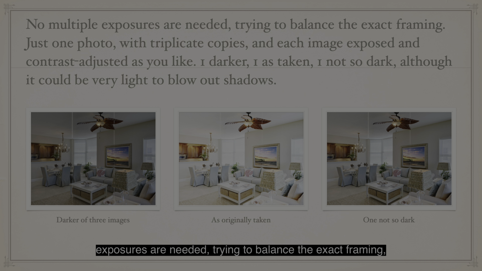No multiple exposures are needed, trying to balance the exact framing. Just one photo with triplicate copies and each image exposed and contrast adjusted as you like. One darker, one as taken, one not so dark, although it could be very light to blow out shadows.